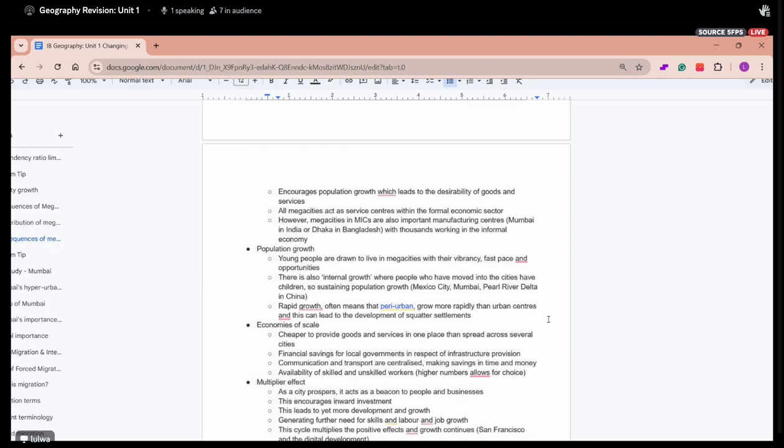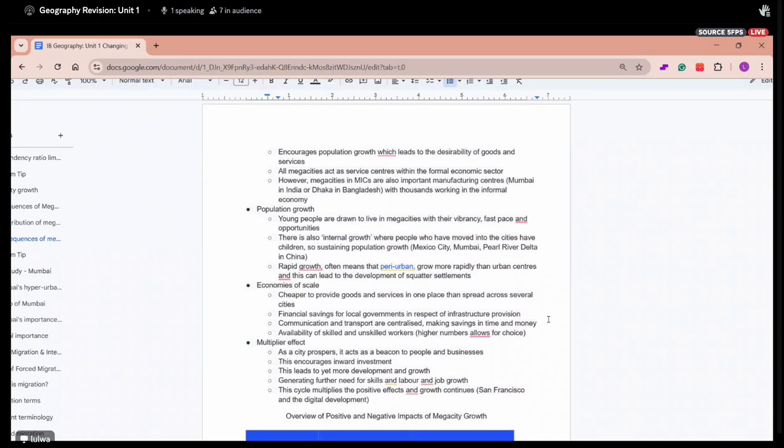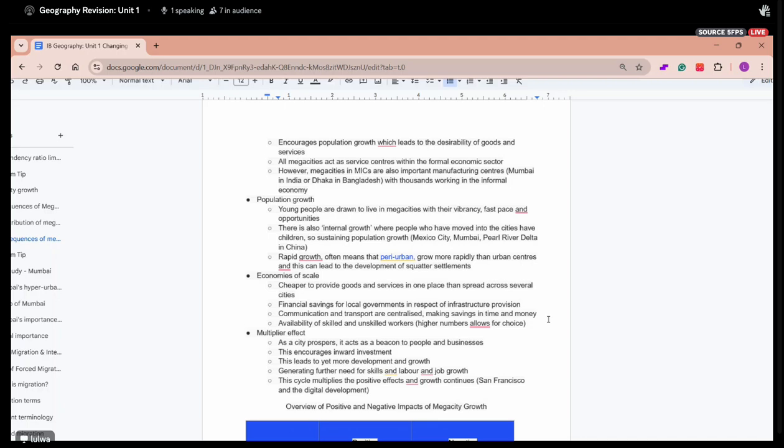However, megacities in middle-income countries are also important in manufacturing, such as Mumbai or Dhaka, with thousands working in the informal economy. Megacities also lead to population growth because young people are drawn to live in megacities.